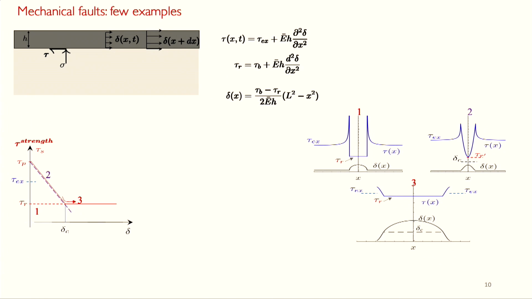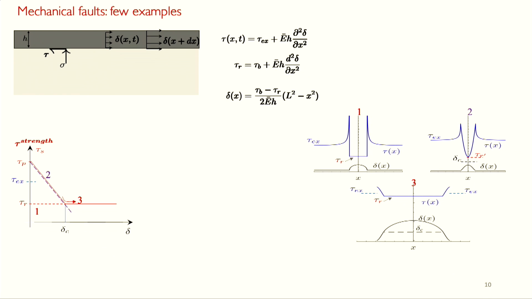Now let's come a little bit to the strength part. This is the strength of the interface, the simplest possible strength where a slip is happening. All we found is that when stress is equal to strength, the strength is just one number, residual tau r, and there may be a background stress, tau b.